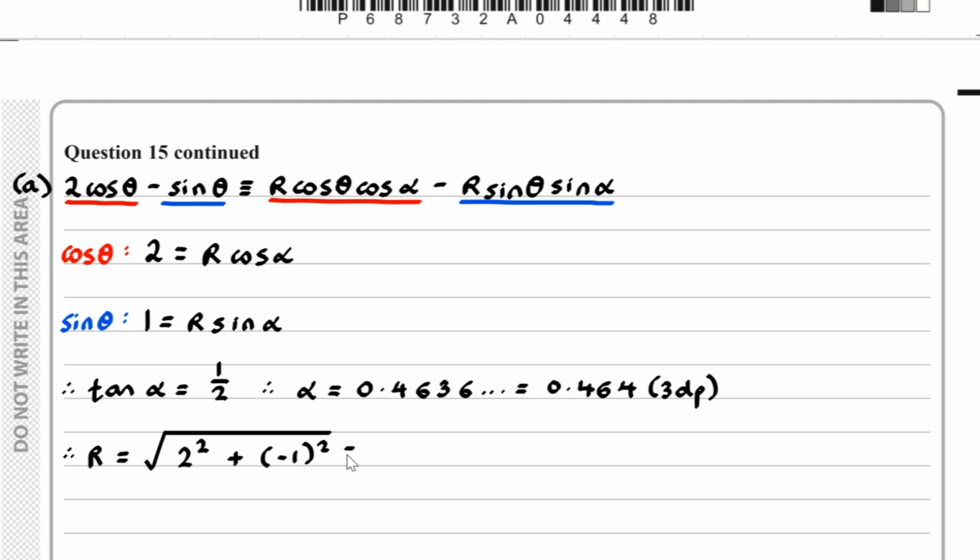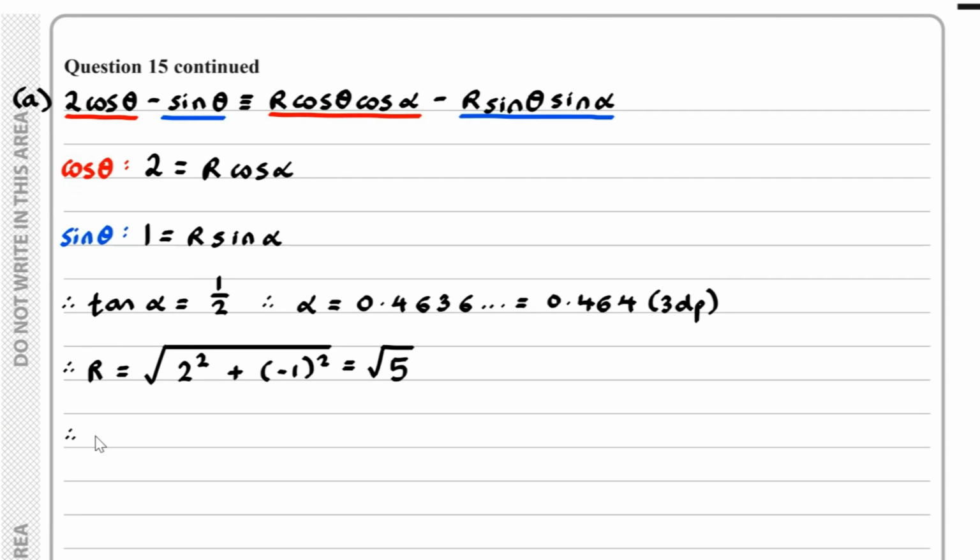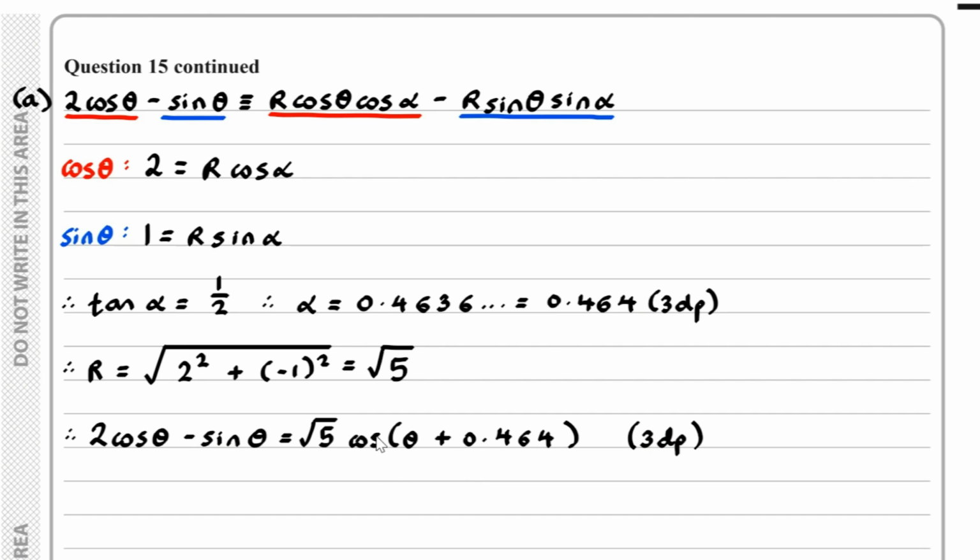So we have the square root of 5 for the value of r. And so therefore, we can conclude that 2 cos theta minus sin theta is equal to root 5 times the cosine of theta plus 0.464, given of course to 3 decimal places.